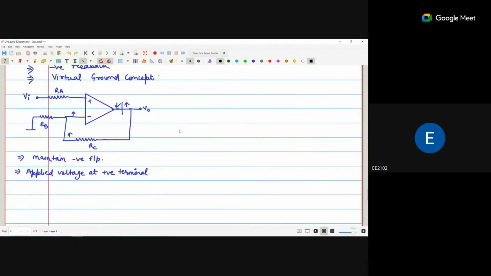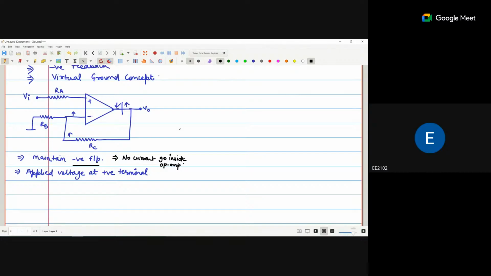Now the thing is how we solve it. We already saw that if we are using the op-amp in negative feedback, that means no current goes inside the op-amp.